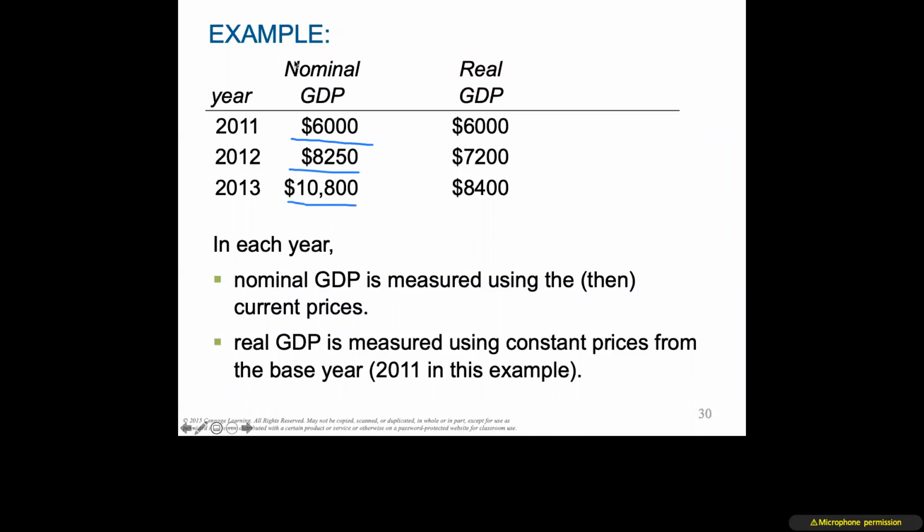Looking at the nominal GDP for these 3 years, you can see a fairly large increase. When you look at the real GDP, the increases aren't quite so large. But now we know the physical increase in purchasing and income, not the physical increase in purchasing and income plus inflation.